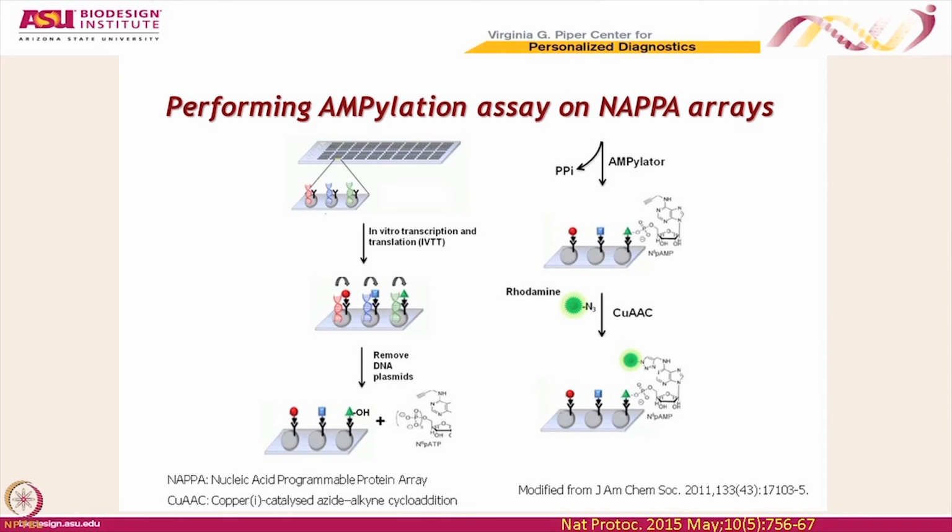And then he added this alkyne modified ATP along with an AMPylator that released a pyrophosphate, and it added this modified AMP to whatever target proteins were there. And now it's displaying this open alkyne group.